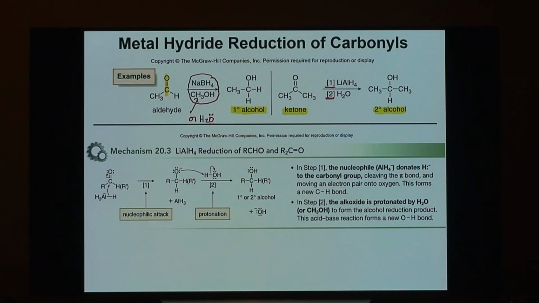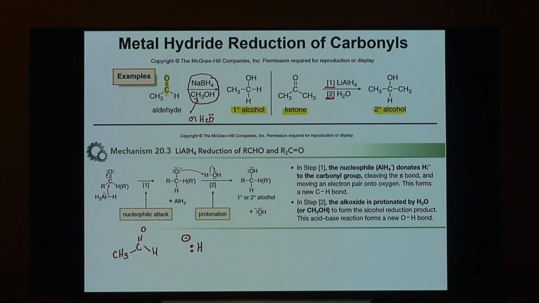We are starting with a CH3 carbonyl, the aldehyde, and we are reacting this with sodium borohydride. Both the sodium borohydride and the lithium aluminum hydride are going to give a hydride, which is an H negative.